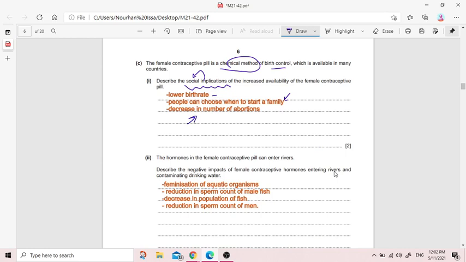The number of people who get pregnant with unwanted babies decreases, so we will decrease the number of abortions. I can also say there is an increase in the number of females working because they can control when to get pregnant and when not to. So these are the effects that happen socially in social relationships with other people.